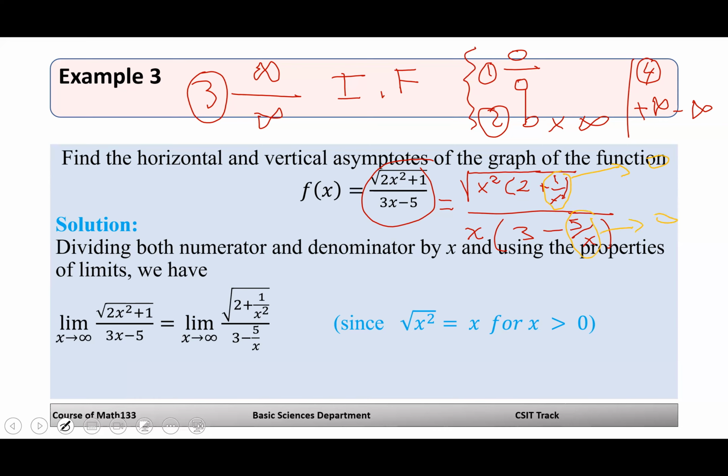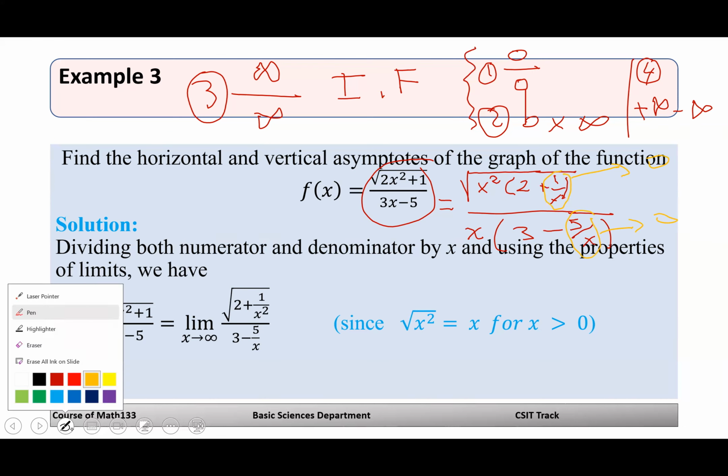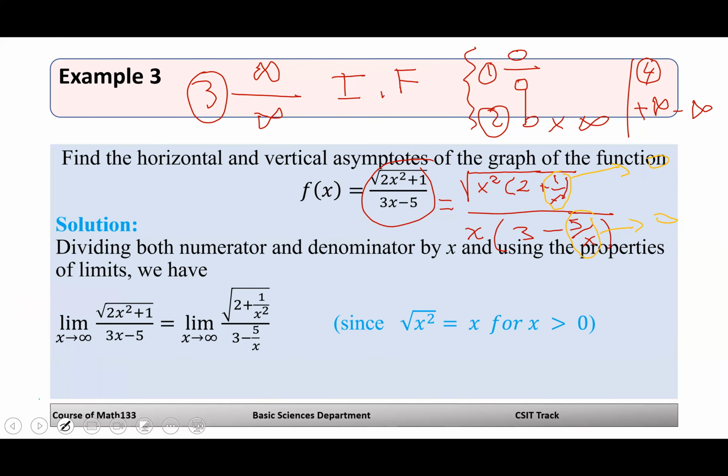But still, I didn't do the simplification here because I didn't take out the x squared. And here is the danger. We need to be careful with this common factor when we take it out of the root, because here we will have root x squared times root 2 plus 1 over x squared.